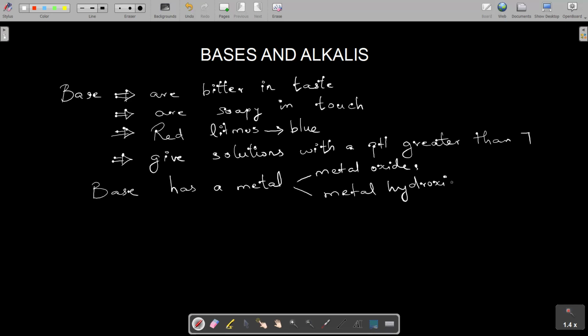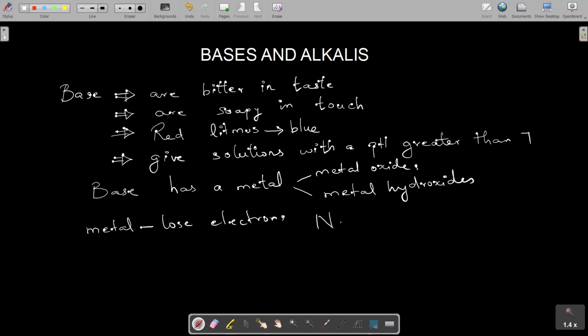Don't get confused. So bases are metal oxides or metal hydroxides. Metals are those, I'm sure you know what a metal is. A metal is something which loses electrons. They always lose electrons. Let's take an example.